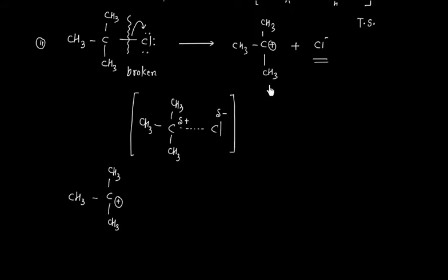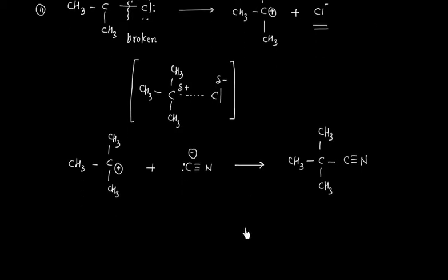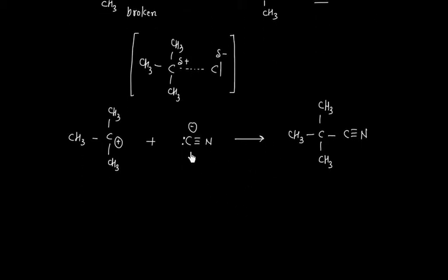If the carbocation formed in the first step reacts with CN minus, it forms this. We have to draw the transition state. So in this case, carbon-carbon bond has formed. So this bond has formed.